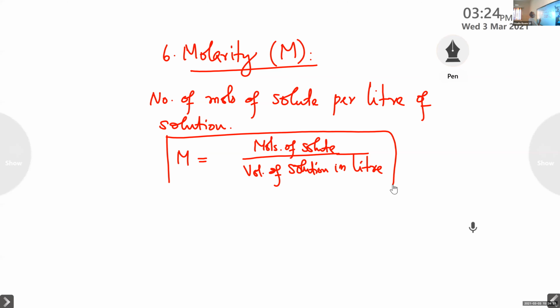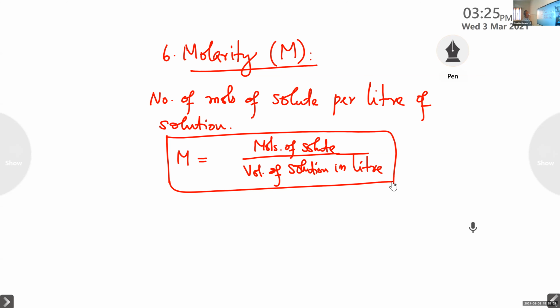Moles of solute by volume of solution in liter, the unit is liter. If you are given the volume in milliliter, you have to convert that volume into liter by dividing with 1,000, because 1,000 ml is equal to 1 liter.